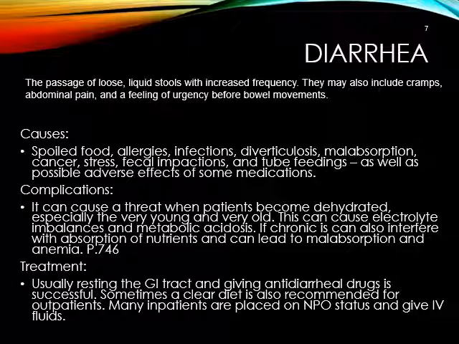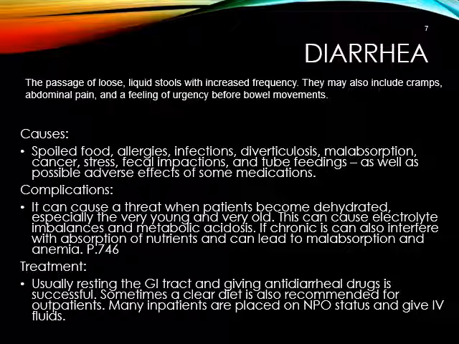So treatment is usually resting the GI tract and giving anti-diarrheal drugs. Remember those anti-diarrheal, say that 10 times. Antidiarrheal drugs was back in our introduction to the GI system. There's some antidiarrheal drugs there. A lot of times they'll dry the mouth out, even more so than the patient may feel already dried out.